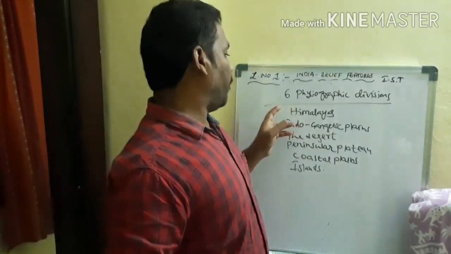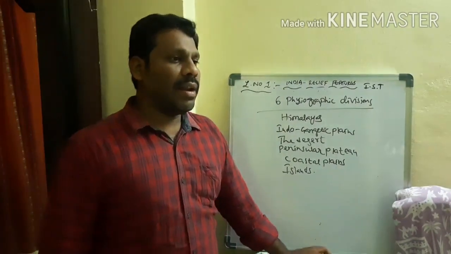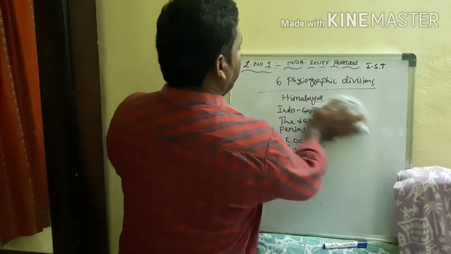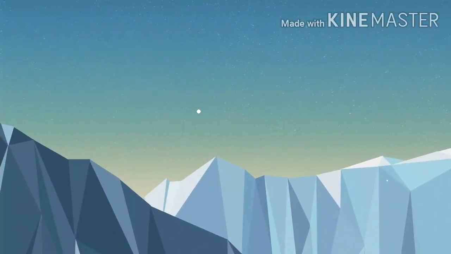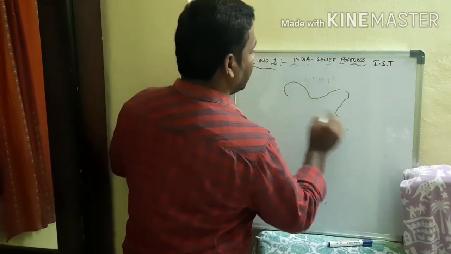The Himalayas. In the Himalayas we have 3 parallel ranges. How many? 3 parallel ranges, which we call Himadri, Himachal, Shivaliks.